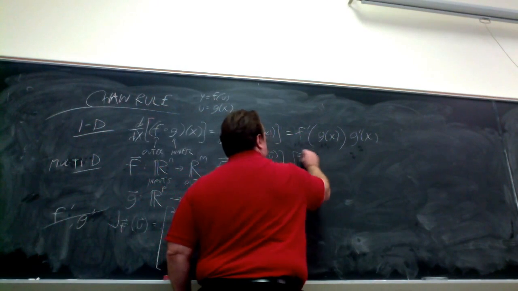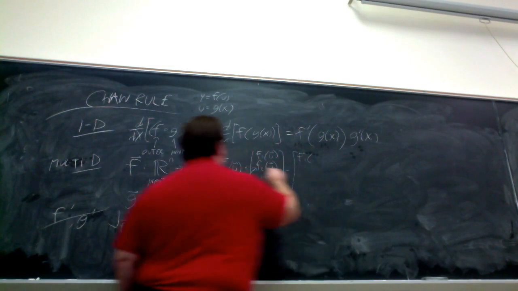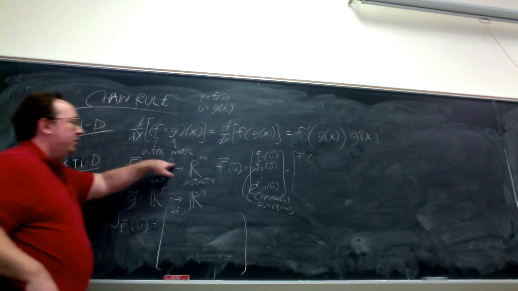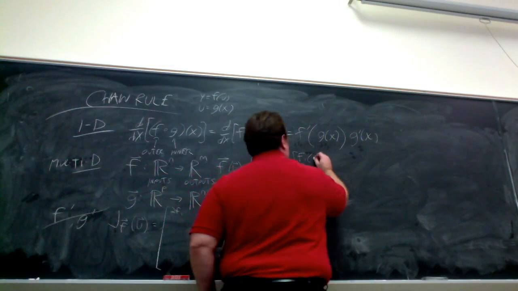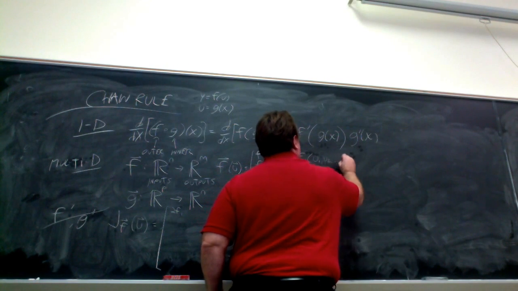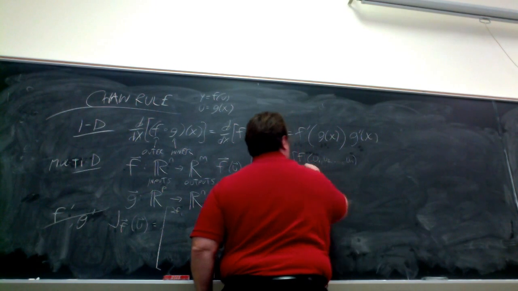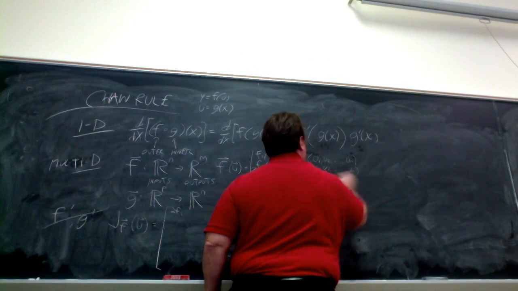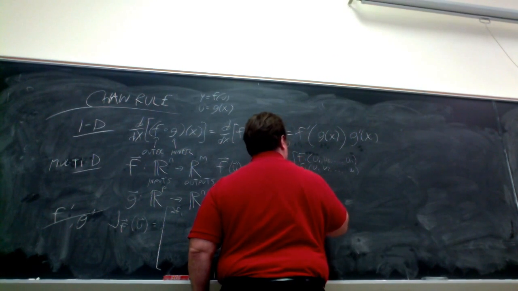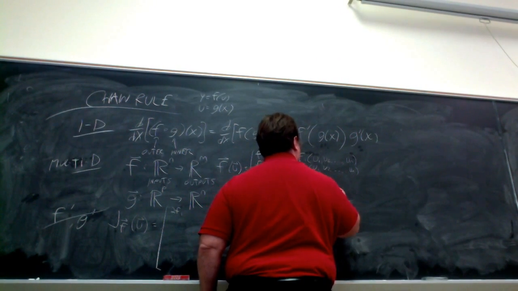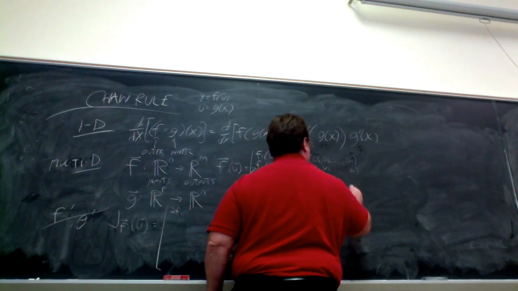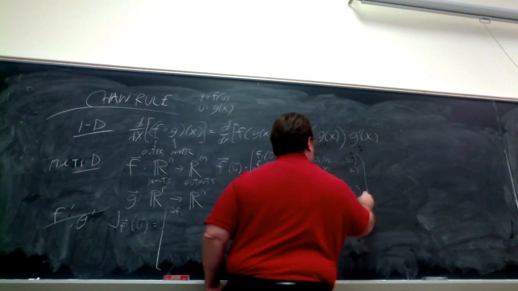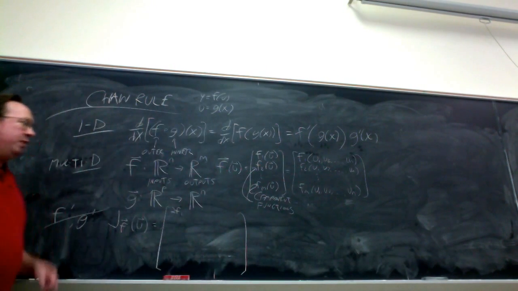Each one of those takes in n inputs, so each value of u we're plugging in has n coordinates. So that's what f looks like.